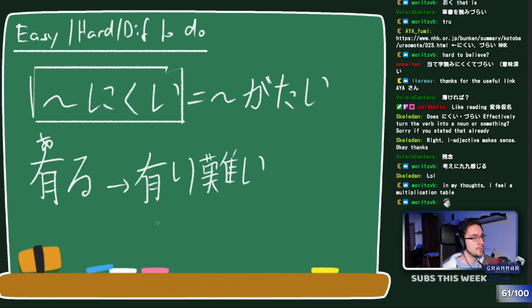From arigatai, we actually get a conjunctive form, which is arigataku. Okay, arigataku. This is the conjunctive, or the adverbial, and there is a sound change that happens that turns taku into to. So basically from arigataku, we get arigato. Let me see.